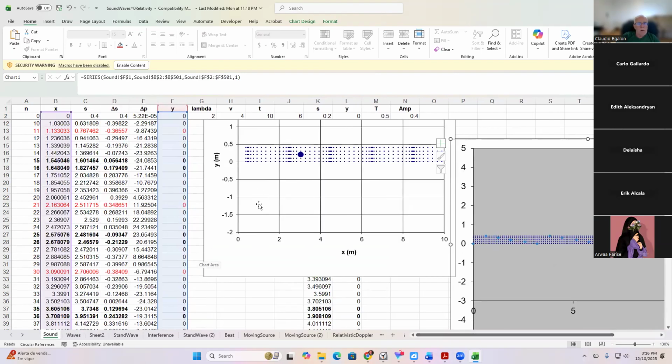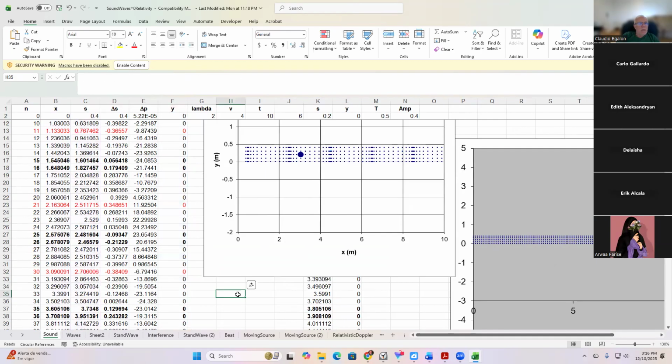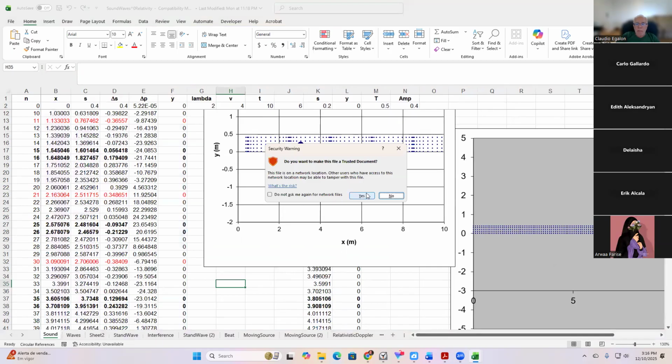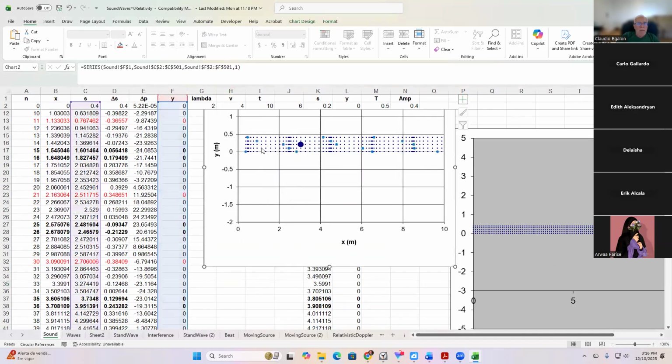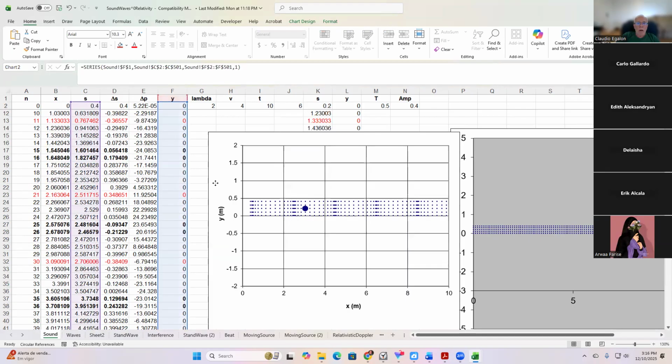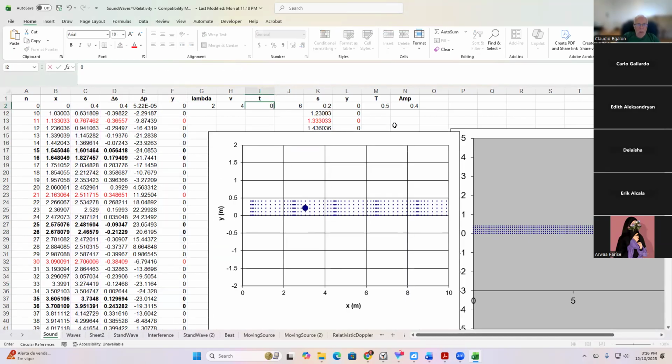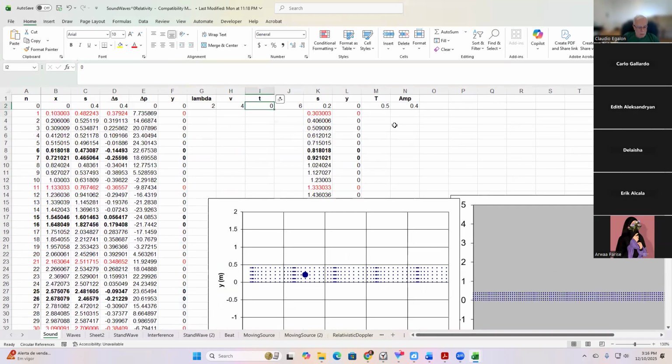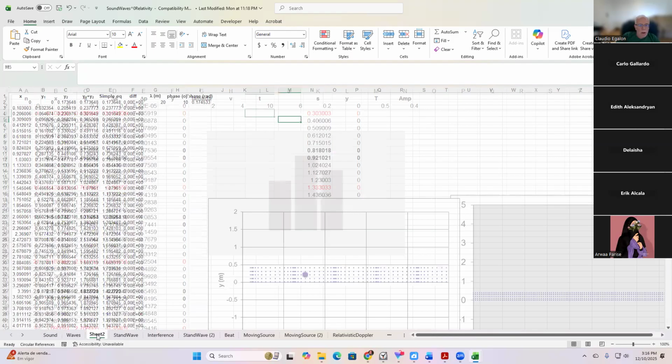That's a shame. Enable content, that might be the problem. Let's see if it works now. No, it's not working. Well, what a shame. This thing used to work so well.